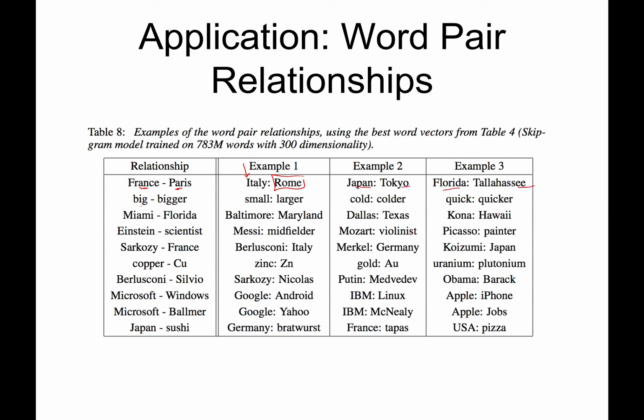You can also do name and occupation, or whatever the person was known for, for example Picasso, painter, Mozart, violinist. You can do CEO relationships, you can do food relationships, you can do all kinds of analogies. They're not exact, of course, and they fail sometimes.